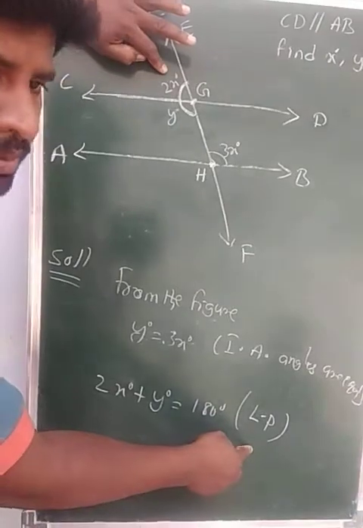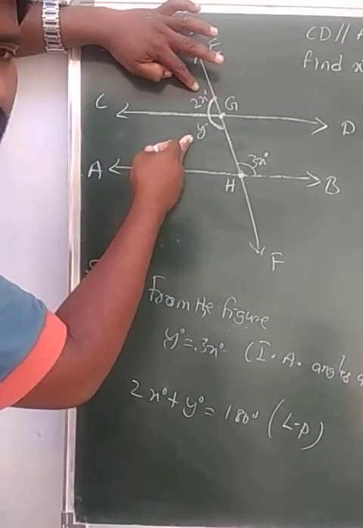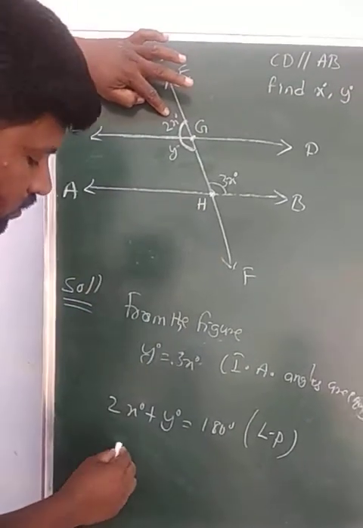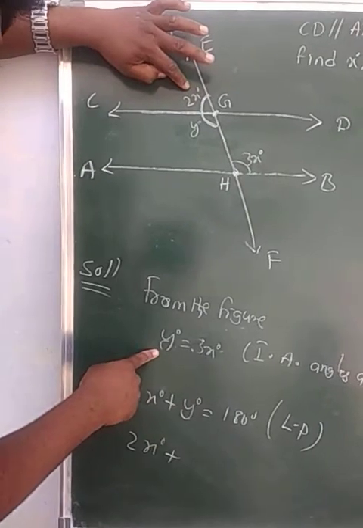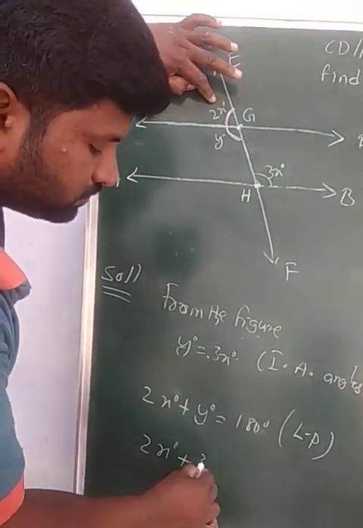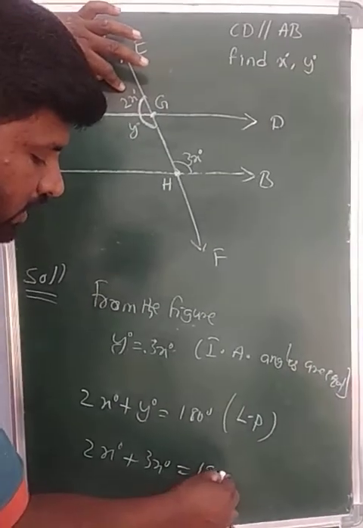Linear pair means two adjacent angles whose sum is equal to a straight angle. Then we can write 2x degrees plus y degrees, where y degrees is equal to 3x degrees, so that is equal to 180 degrees.